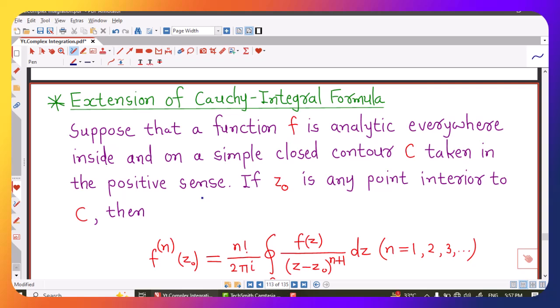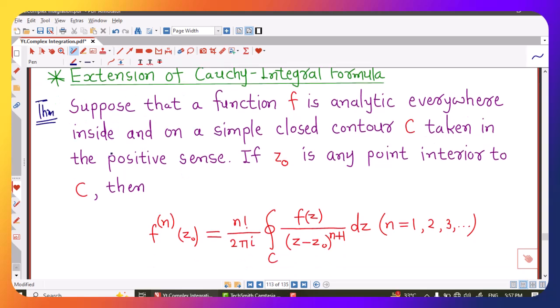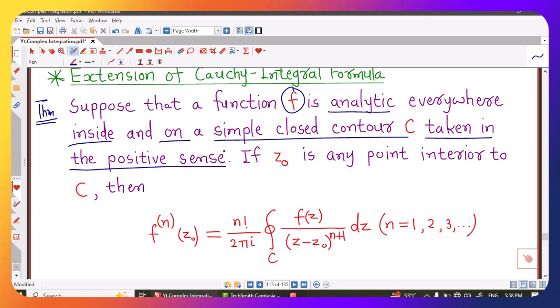So I have written the extension of Cauchy integral formula systematically. This is a theorem, but we are going to accept it without proof. Suppose that a function f is analytic everywhere inside and on a simple closed contour C taken in the positive sense, that is, we are considering the counterclockwise direction.